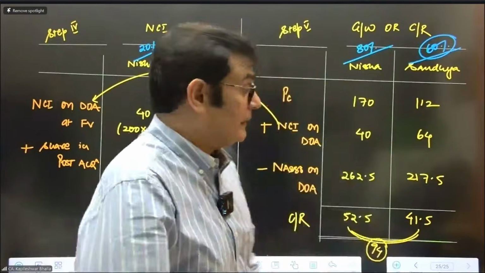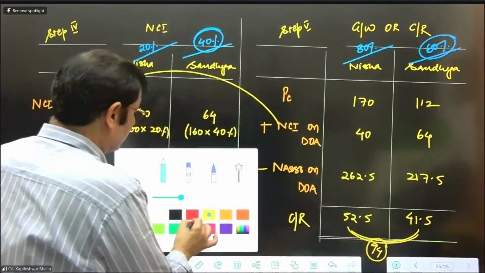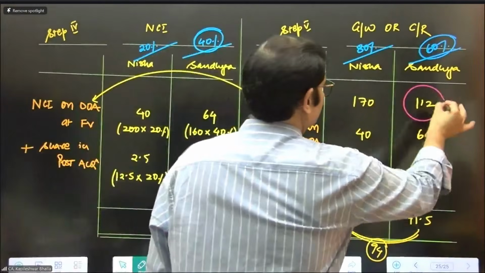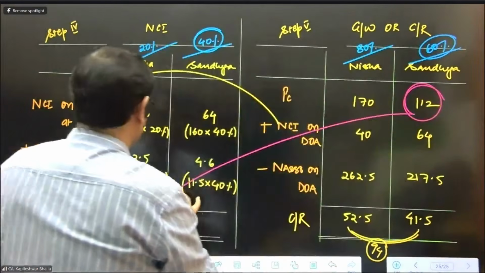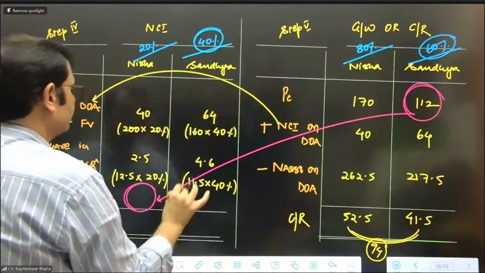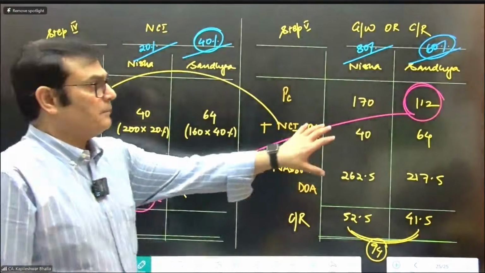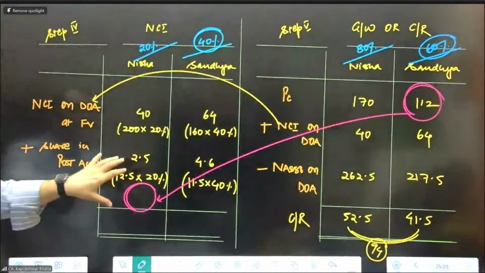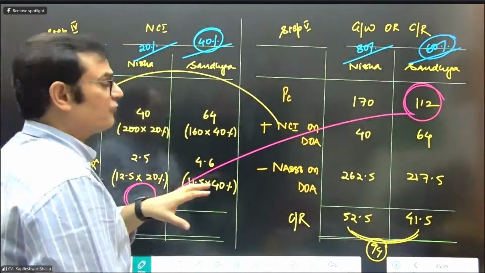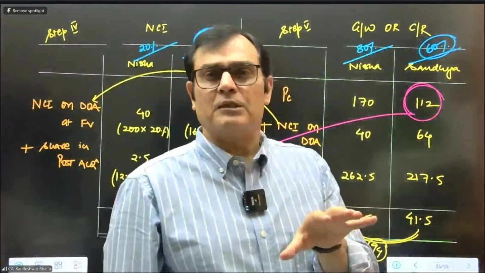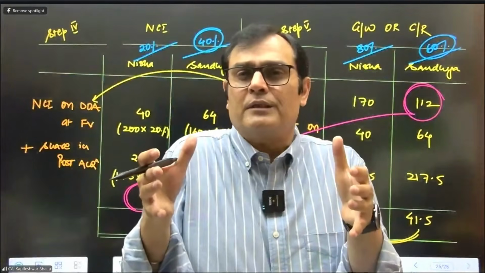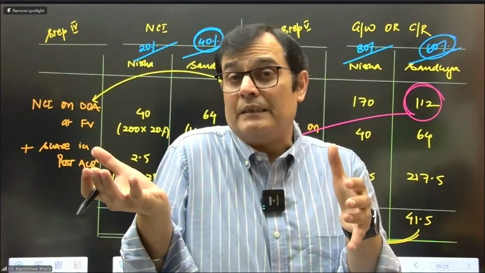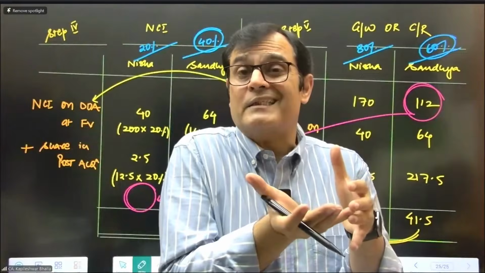So since you've taken 80% out there, we need to consider the remaining 20% out here because 80% is financed by the parent company and 20% is financed by the NCI of Nisha. So if I don't consider the 20%, it would continue to appear in the balance sheet on the asset side. So it's important that we set it off.